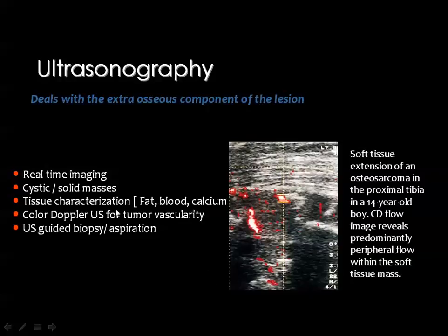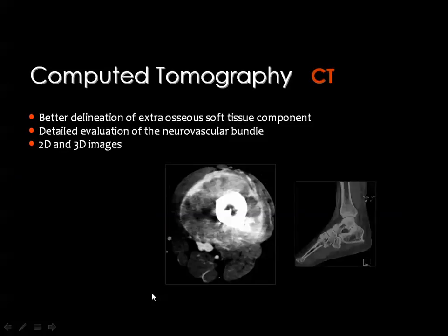It also can predict the nature of the fat, the hemorrhage, and the calcium within the matrix of the tumor, and you can use the Doppler facility to show the vascularity of the lesion and to guide the imaging needle biopsies to a reasonable site for taking a good biopsy and to avoid vessels and necrotic areas.